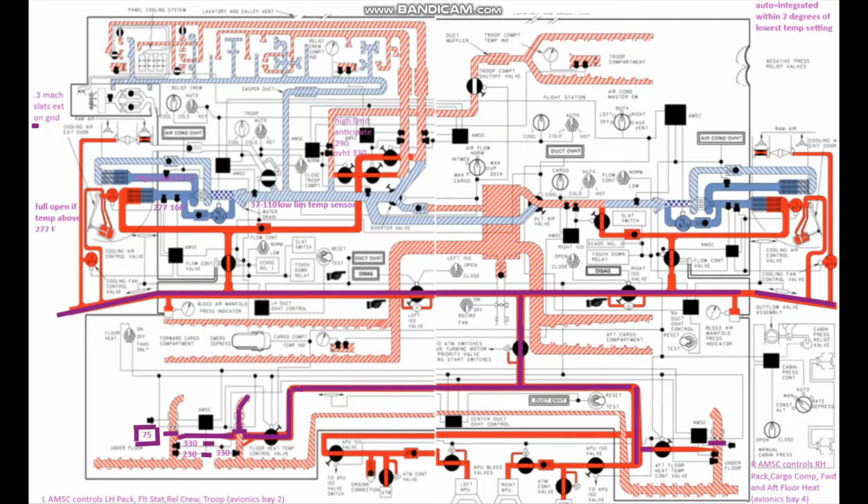So if the temperature in the underfloor reaches that 230, a signal will be sent to the AMSC, and the AMSC will then drive our floor heat temp control valve closed. Now the overheat sensor, if it were to reach 330, the same thing will happen: power will be removed from the temp control valve and it'll close.